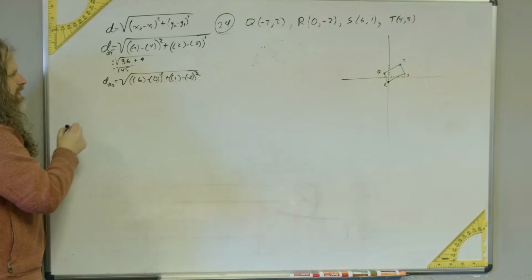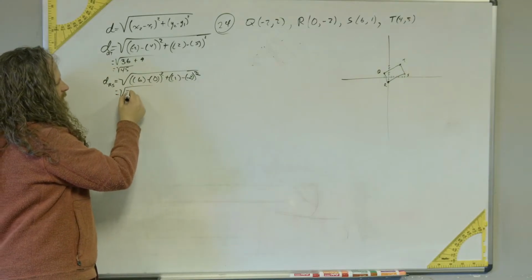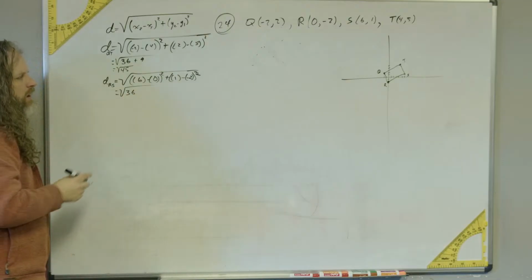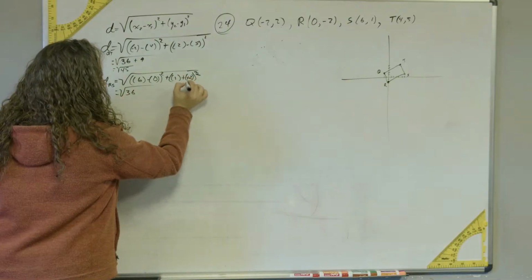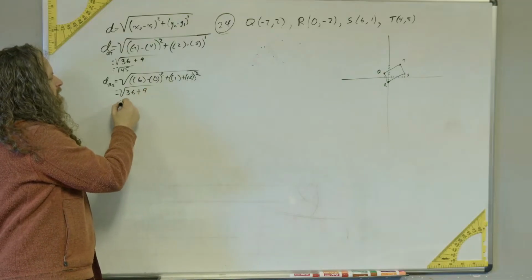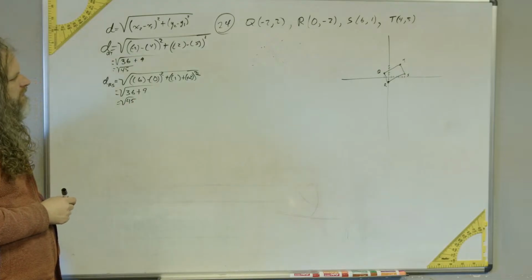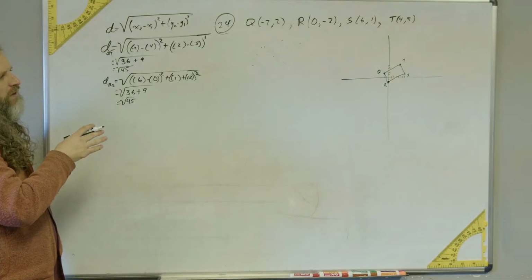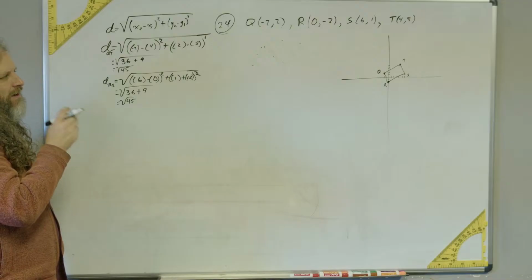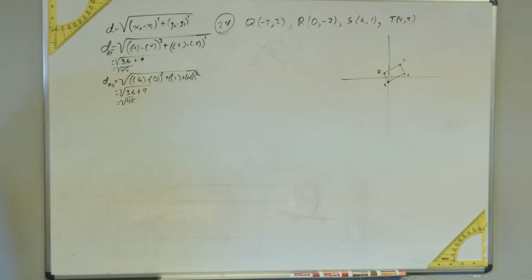What's 6 minus 0? 6 squared is 36. 1 minus -2 is 3. Squared is 9. We can already tell this is fine, right? That works. Then you do the same thing for QR and TS and RT and QS, right?